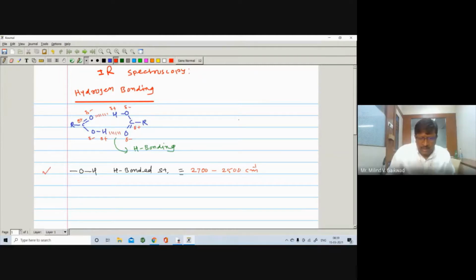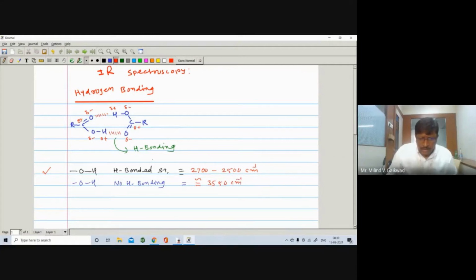We have learned already that when there is an OH, either COH or any other alcohol and phenol, if there is no hydrogen bonding, in that case it will appear near about 3550 centimeter inverse.